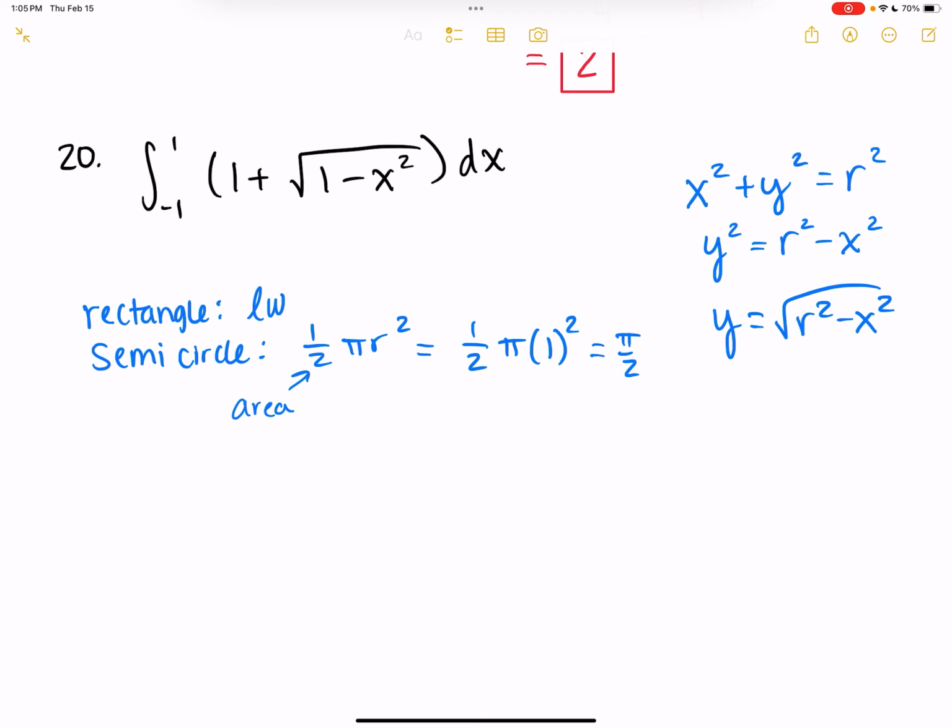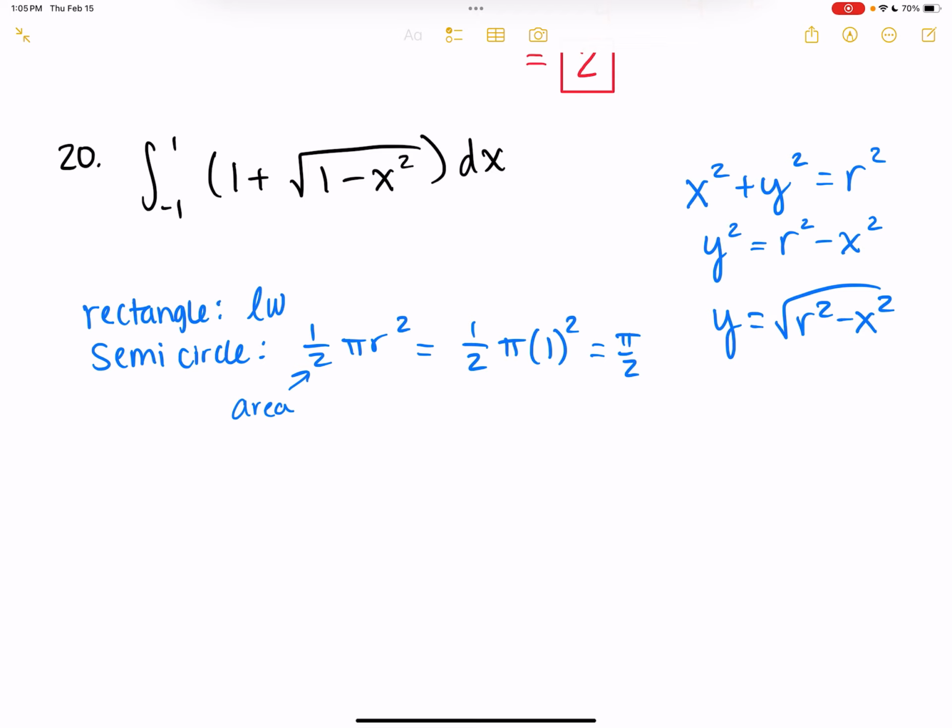The rectangle, where is it? Oh, I remember. Obviously, this one is only the distance from here, right?